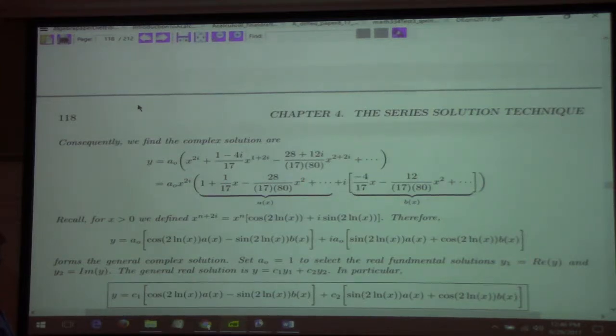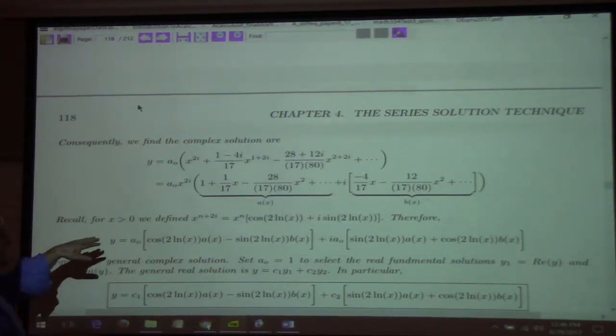All I'm doing is plugging back in the recursions we just found into the template solution, order by order. This is a naught, x to the r, a1, x to the r plus 1, a2, x to the r plus 2, and then I'm just collecting things.